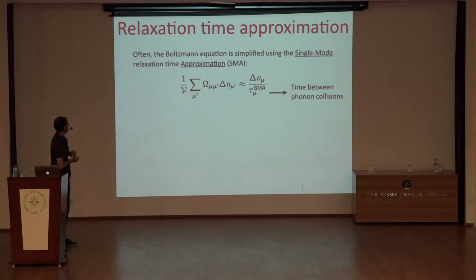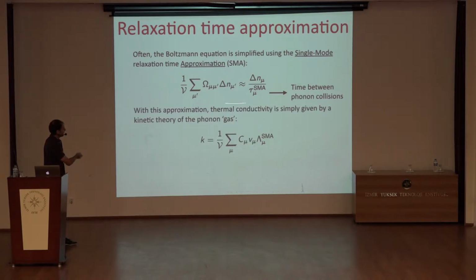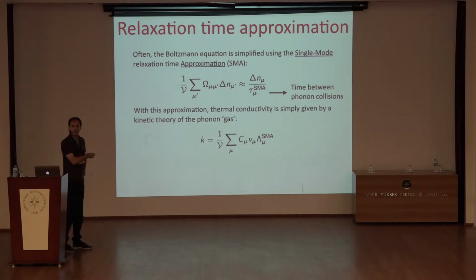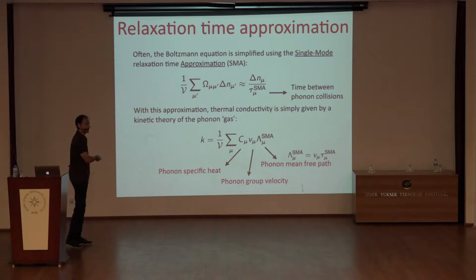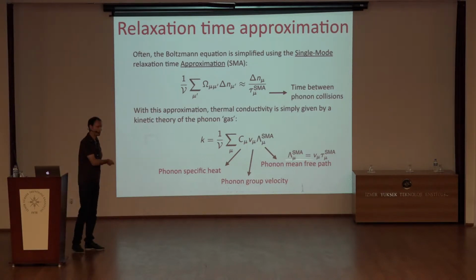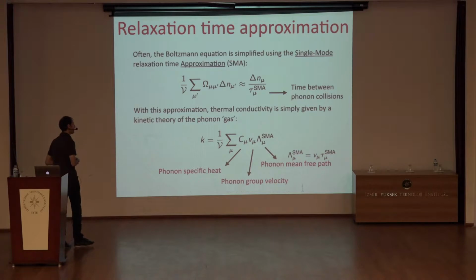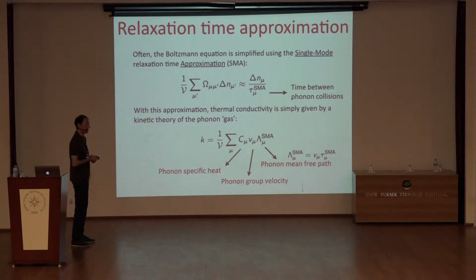You can use this expression, put it into the Boltzmann transport equation, and solve that analytically, and most of you are probably familiar with this expression of thermal conductivity, which within this approximation is just the product of the phonon specific heat times the group velocity of the phonon times the mean free path. The mean free path is the average distance traveled by the phonon between two consecutive scattering events.